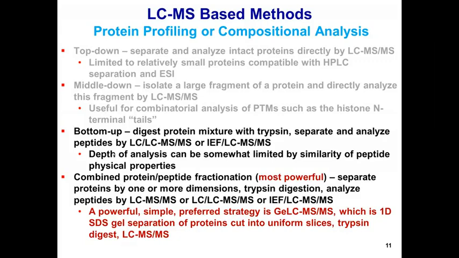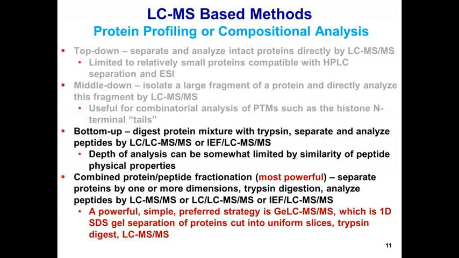These bottom-up approaches are quite viable. However, they are limited to some extent by the fact that most tryptic peptides have a limited range of physical properties that one can exploit in the two-dimensional peptide separation.